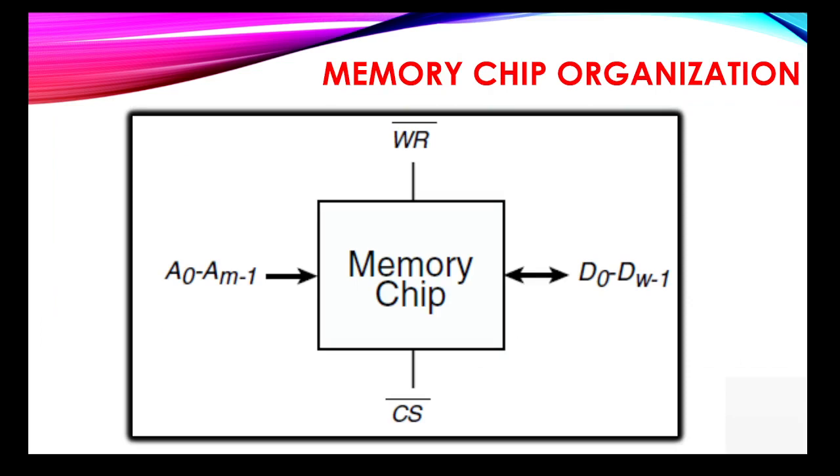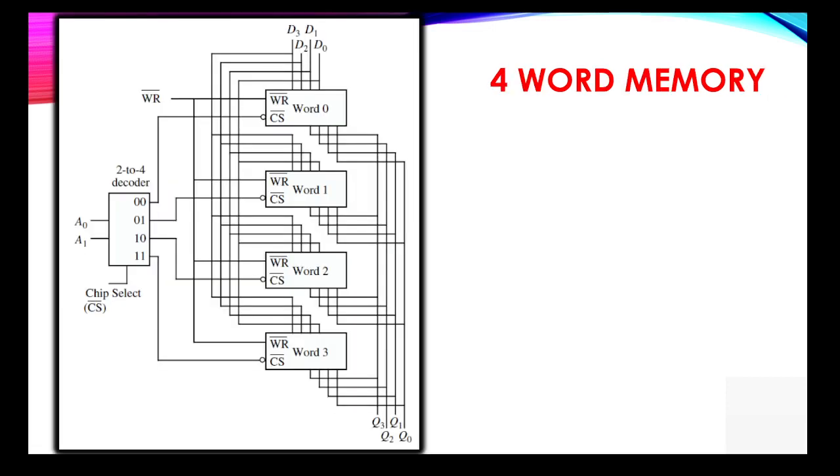The memory chip organization: we have a write signal, a chip select signal, address lines from A0 to AM-1, and data lines from D0 to DW-1. It is in the form of an array with many words, word 0 to word 3, and we have a decoder.